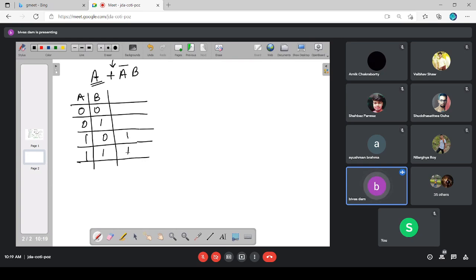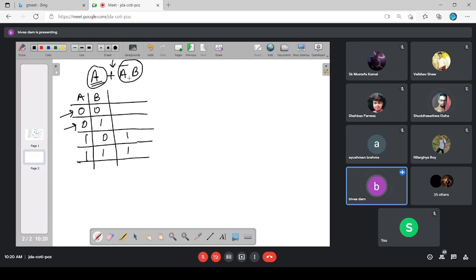Fine. And when A is 0, for these two input combinations, I have to check under which condition this A bar B becomes 1. Now this A bar B, what type of operation is involved there? AND operation. So if I can find out under which condition both the inputs of the AND are true, for that I can find out that A bar B will be true.